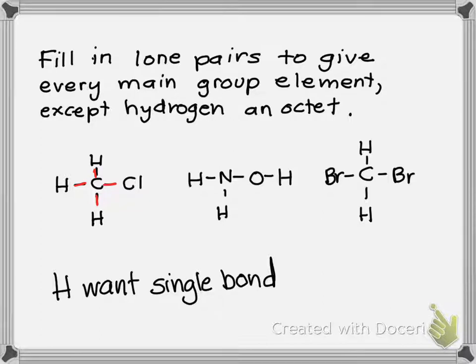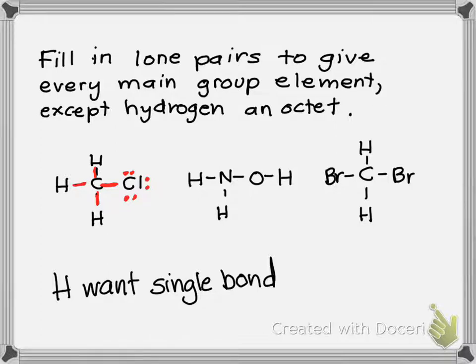Carbon in group 4A has 4 valence electrons. It has 2, 4, 6, 8 around it. But chlorine has 2, and so now I need to add 3 lone pairs, because that means 2, 4, 6, 8.